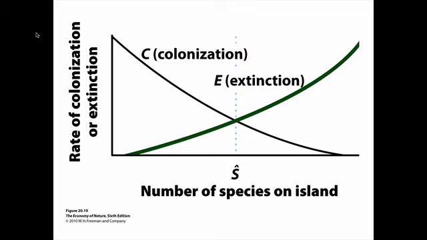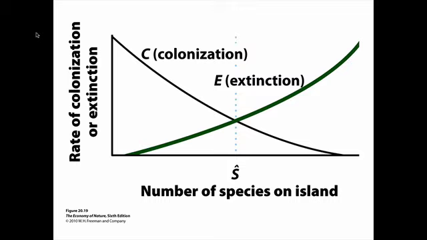If there are no species on the island, and you get one new species arriving, what's the rate of arrival of a new species? 100%, one, yeah. So that right there symbolizes zero species, an empty island, and this is one. This is the rate of arrival of new species when there are no species on the island already.